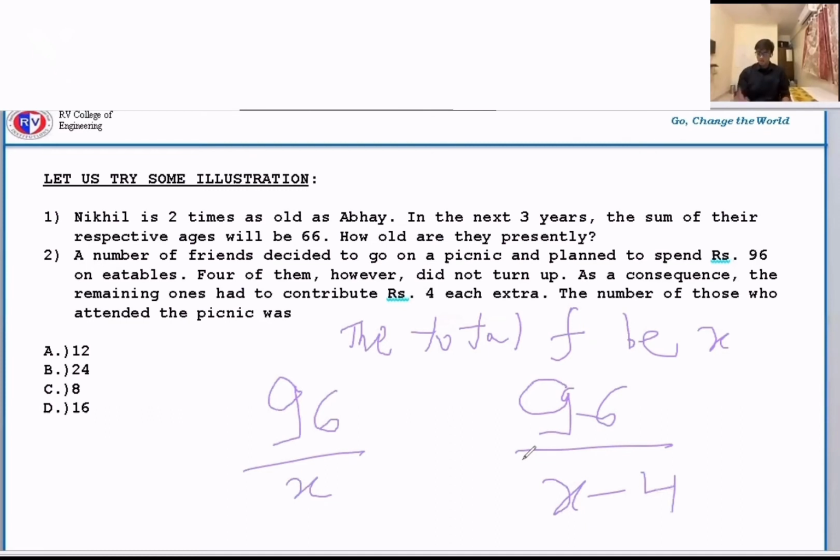In the third part, it is written that as a consequence, the remaining ones had to contribute rupees 4 each extra.